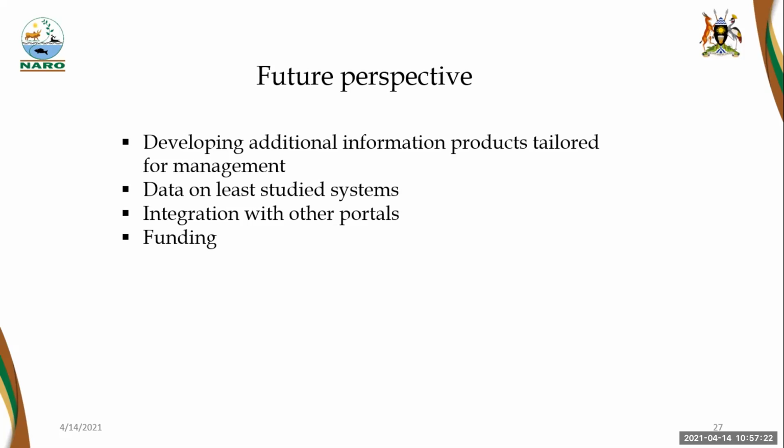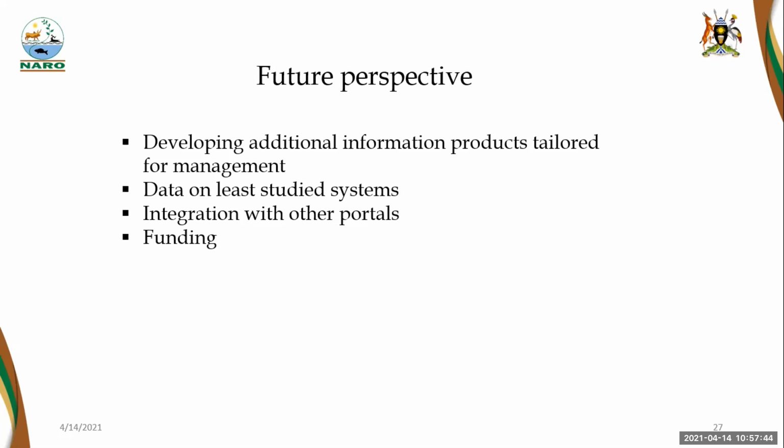And we have already done some kind of user needs assessment, and we know already that our data users prefer information products showing temporal and spatial trends, and we shall be working on that in the next intervention.